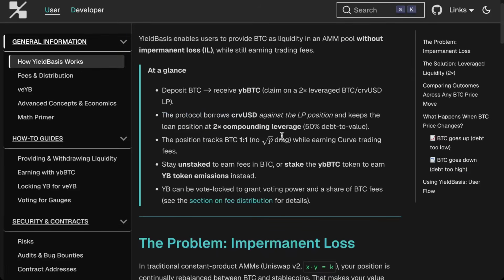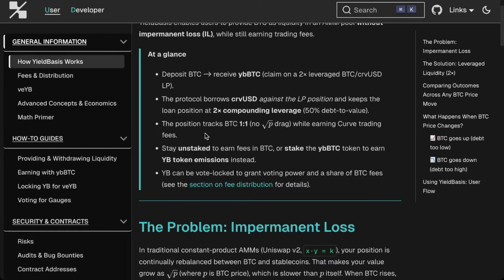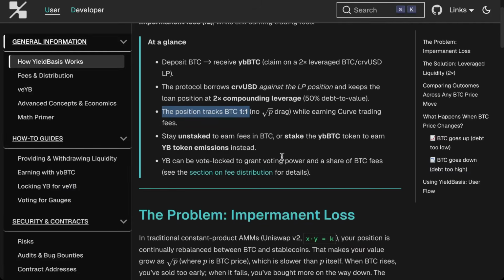The protocol borrows Curve USD, Curve's stablecoin, to apply exactly 2 times leverage to your position. This keeps your deposit safe with 200% collateralization. Step 3, auto rebalancing. Bots automatically adjust your position to match Bitcoin's spot price, canceling out impermanent loss. Your YB Bitcoin tokens, the receipt for your deposit, track Bitcoin's value perfectly.